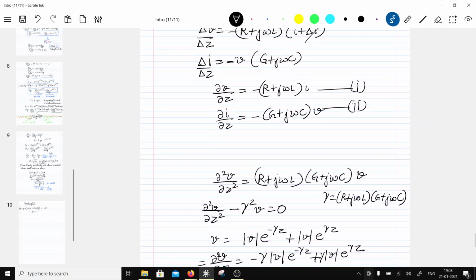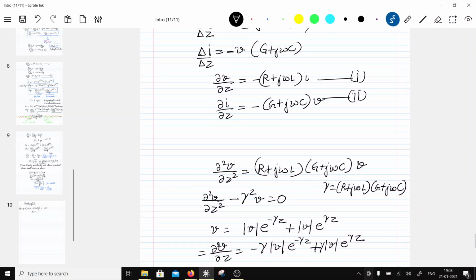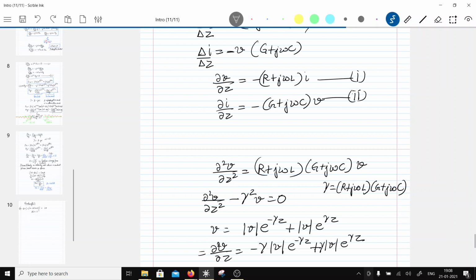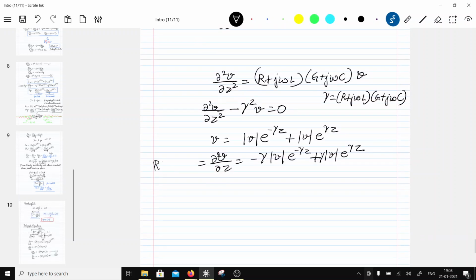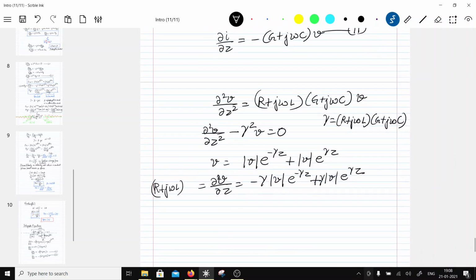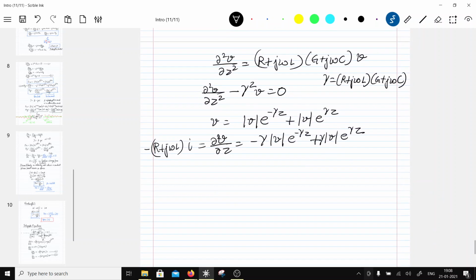Now, the first equation, R plus j omega L. So this can be written as R plus j omega L times I. So I can write I as magnitude of V e raised to minus gamma z divided by R plus j omega L divided by gamma, minus magnitude of V e raised to gamma z divided by R plus j omega L divided by gamma.